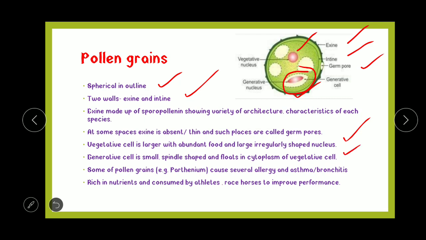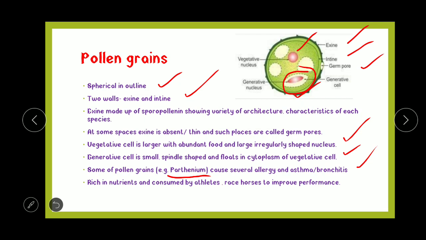The vegetative cell has the sole function of providing nourishment to the developing generative cell, and it also provides nutrients when the pollen grain grows as a pollen tube. Now, what are some harmful effects of pollen grains? Some pollen grains, like those of Parthenium, cause several allergies, asthma and bronchitis, and they are harmful for persons who have an allergic response towards them.